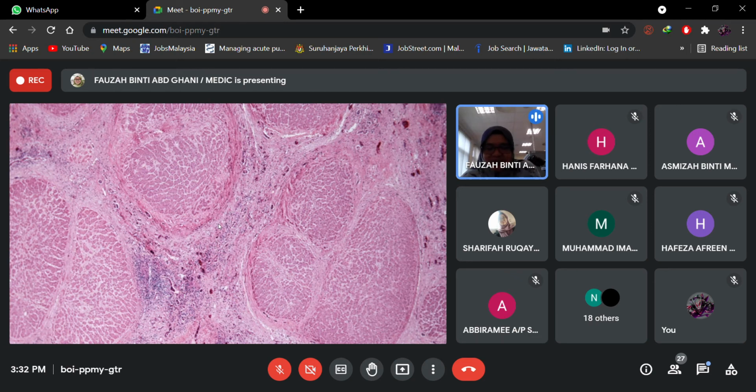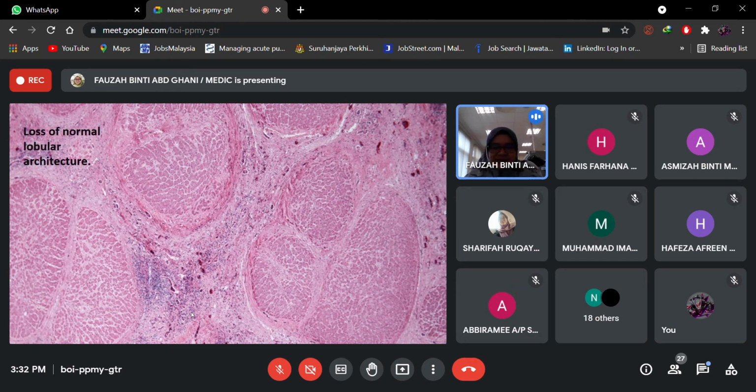As you mentioned, regenerative hepatocytes in nodules with intervening fibrosis, okay, and in some areas maybe some inflammatory cells, okay. All right, good.